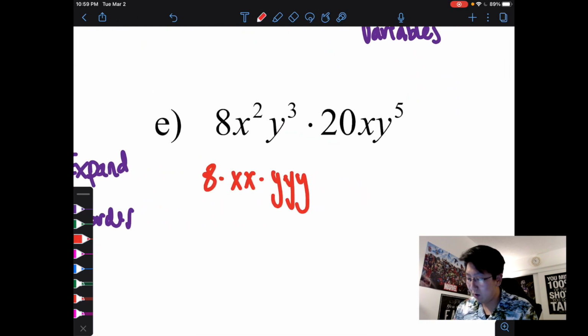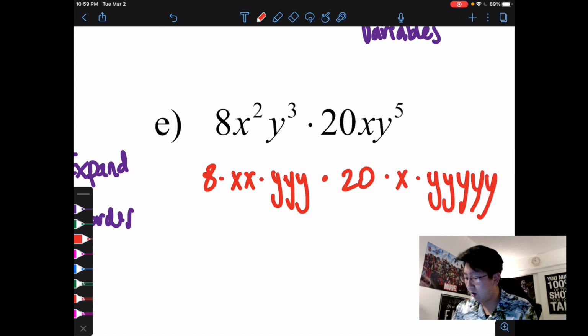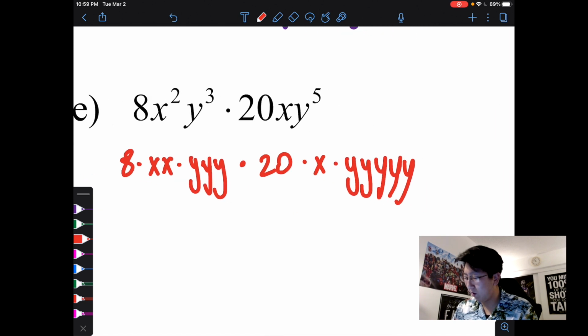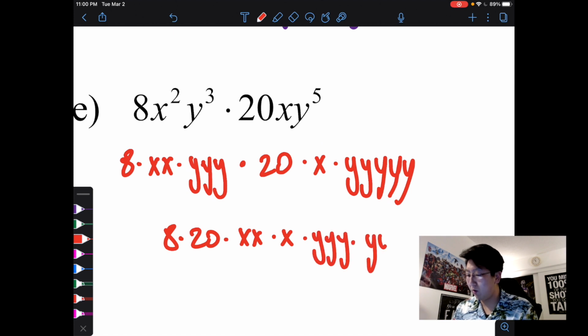And our second one, 20 times x times y, 2, 3, 4, 5. I'm going to reorder by putting the numbers first. 8 times 20 times x's, and I'm going to reorder the y's.